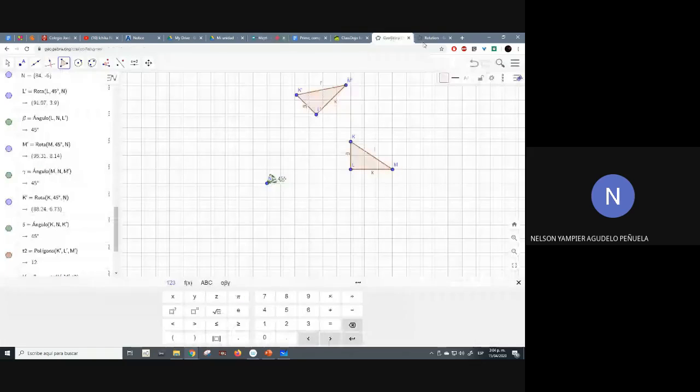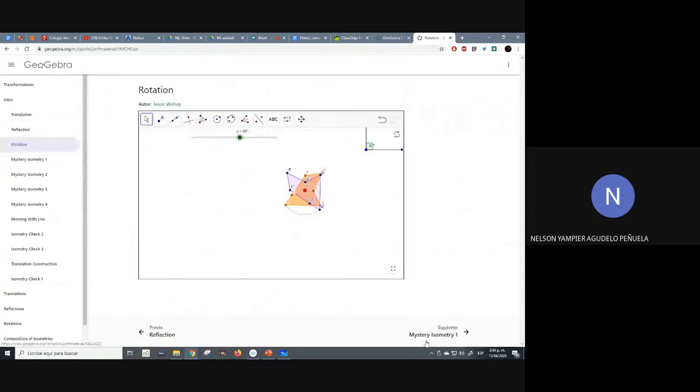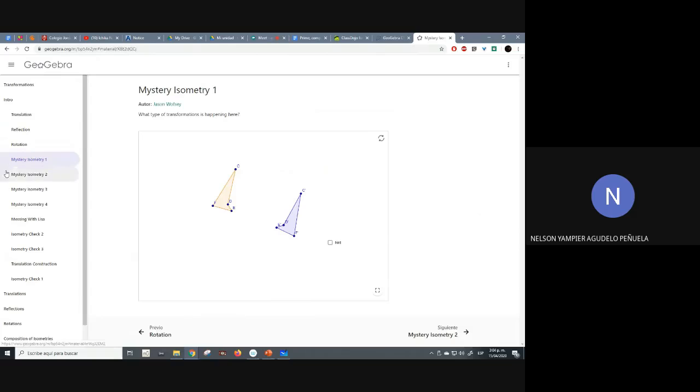Okay, so the next construction is a mystery isometry. Here you see a yellow figure, which is the original, and here you see a blue figure, which is the image. I cannot modify the image, but if I modify the original, the image changes. So looking here, Sarah, what isometry do you think this one is?